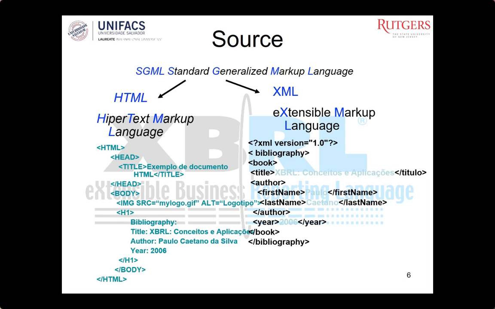For H1, the application understands that it is a tag that informs the size of the fonts. Here we can input semantics on the data. Here's a bibliography: a book, title, author, first name, last name, year.